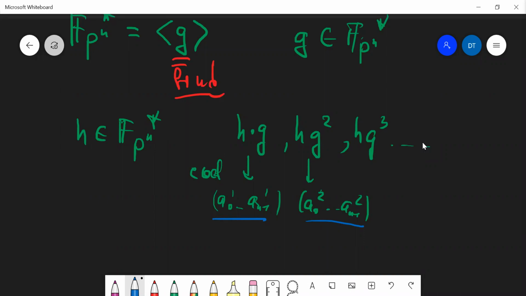So this is your random-like sequence. And the procedure that gives you this sequence is called the Galois random generator.